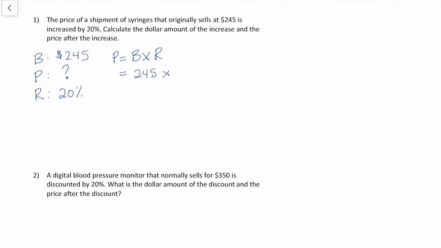So I'm going to do 245 times 0.2. So remember, we always write our rate in a decimal. And that is $49. Now be careful, that's not how much the price is, that's how much it's being increased by. So the dollar amount of the increase is $49.